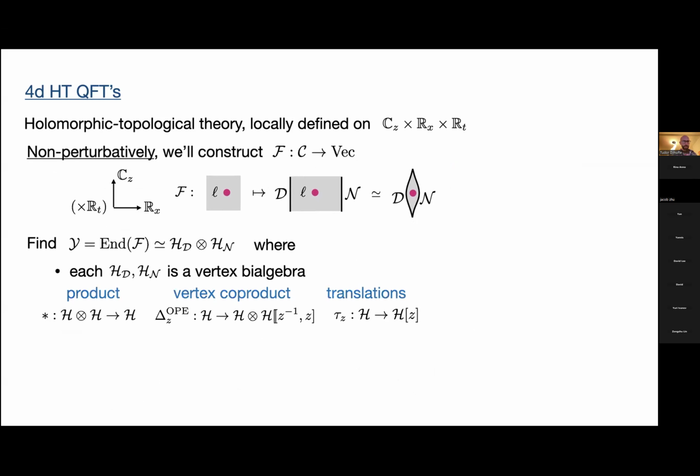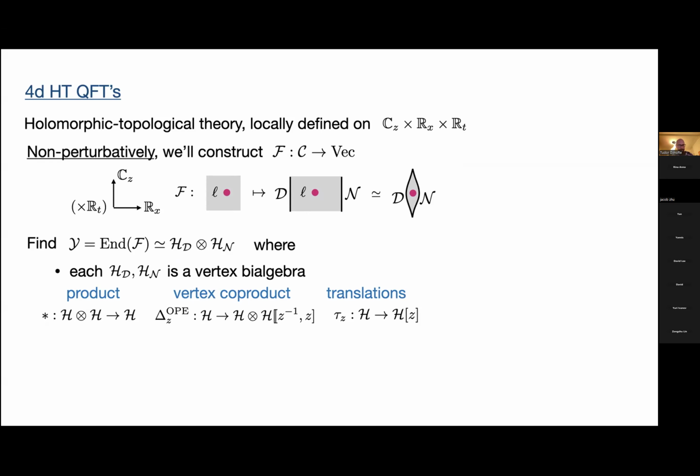What one ends up with in this sort of construction is an algebra that's the tensor product of algebras constructed from each boundary separately, which do represent lines on the opposite boundary just as before. I won't talk about that. Each of these separate H_D and H_N have various structures that come from geometry or configuration space in the same way that they did in 3D.